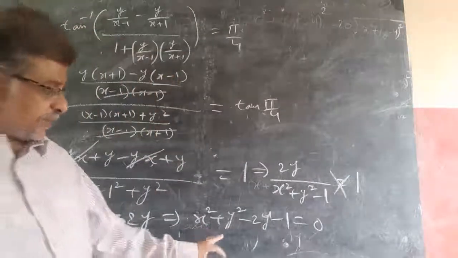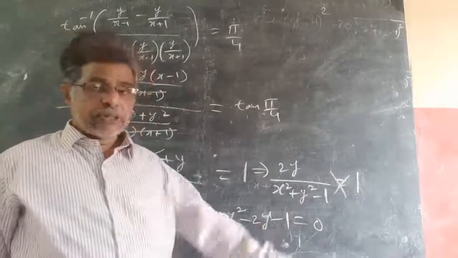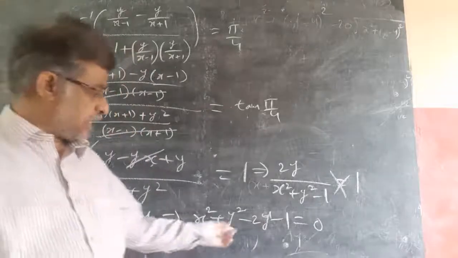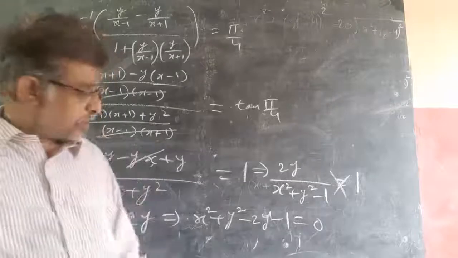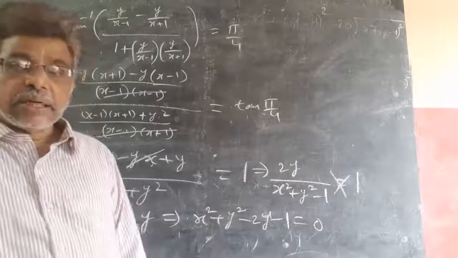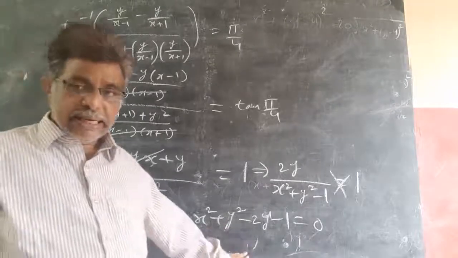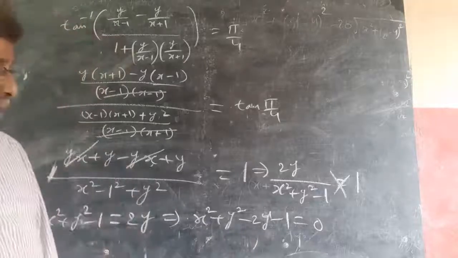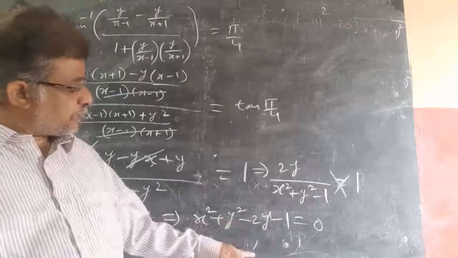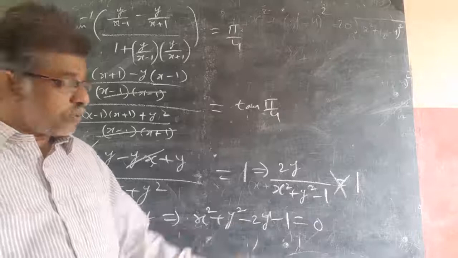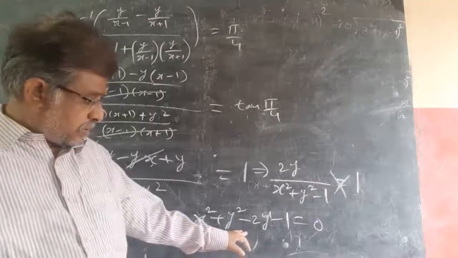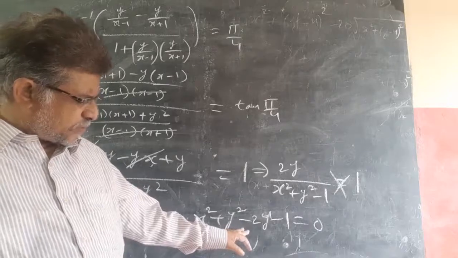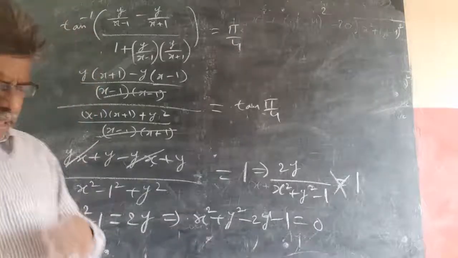Comparing with the form x square plus y square plus 2gx plus 2fy plus c, there is no 2gx term, so g is 0, and f is minus 1, so (0, 1) is the center. This is the required locus, a circle whose center is (0, 1). For the radius, it is root of g square, 0, plus f square, 1, plus 1, so root 2 is the radius.